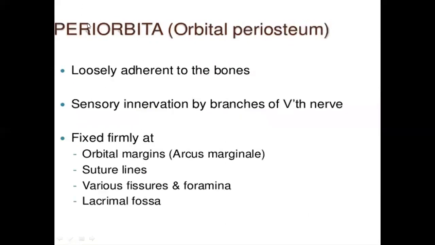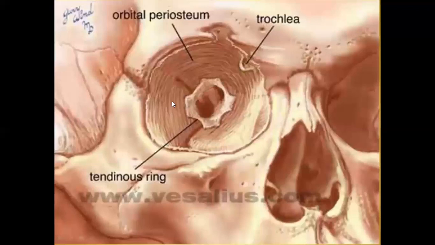Now, this periorbita, which is also called the orbital fascia or orbital periosteum, forms the periosteum for the orbital cavity. It is loosely adherent to the bones, and it can be easily stripped off. And see here, this is the orbital periosteum, which is loosely connected to the surrounding bones and can be easily stripped off.